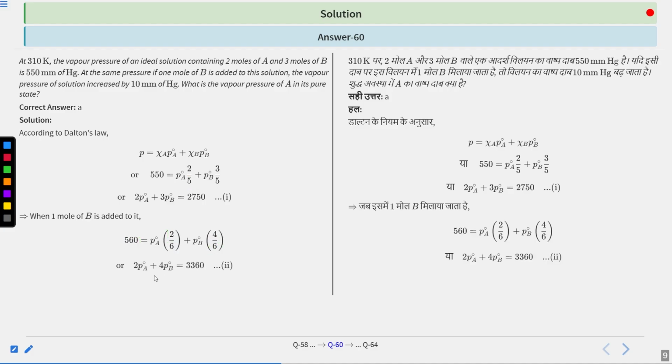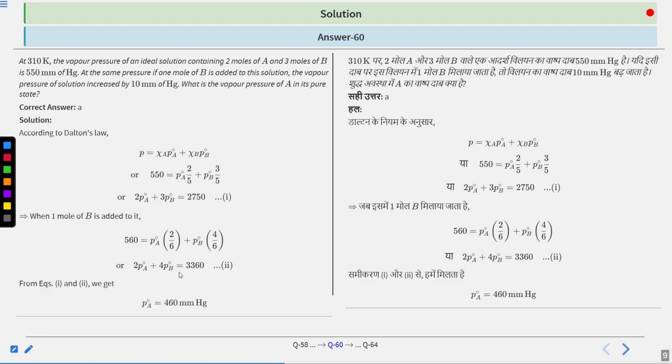Here again we get another equation for the same two variables, PA naught and PB naught. We name this equation number 2. If we solve equation 1 and equation 2, we will get PA naught as 460 mm of Hg. It's very easy. There are two equations in two variables, so if you solve both of these equations, you will get PA naught as 460 mm of Hg.